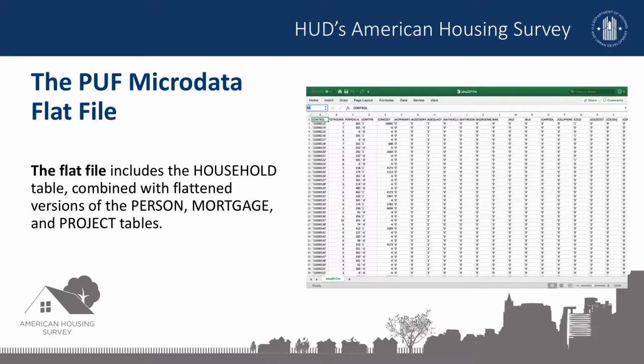For instance, suppose a household has 3 persons. The variable RACE from the person table in the relational structure will be flattened into RACE1, RACE2, and RACE3 in the flat file structure. The number appended to RACE reflects the number of the person. The same convention is used for the mortgage and project tables.